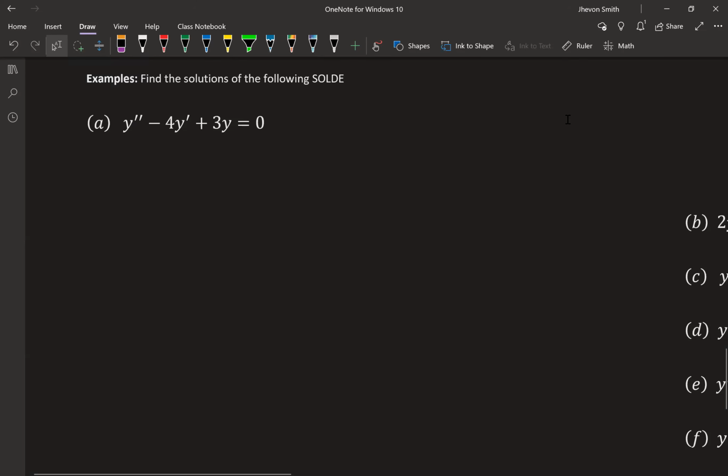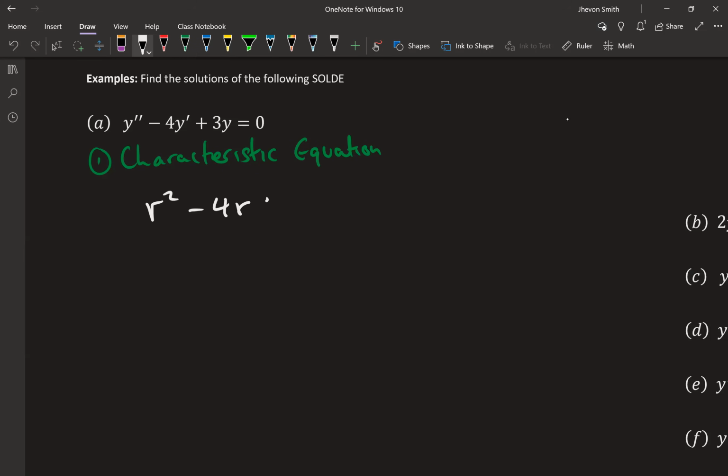Well, the first thing is I would set up the characteristic equation. In this case, that's going to look like r squared minus 4r plus 3 equals 0.